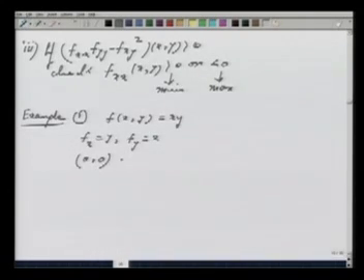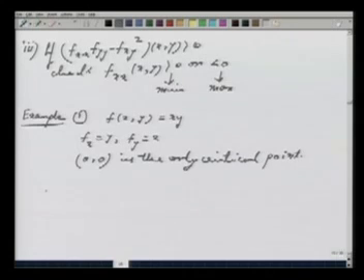So 0, 0 is the only critical point. Then I have to search for D, capital D, that is fxx fyy minus fxy square at the point 0, 0.